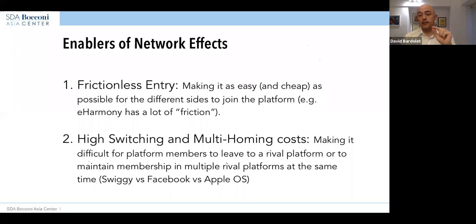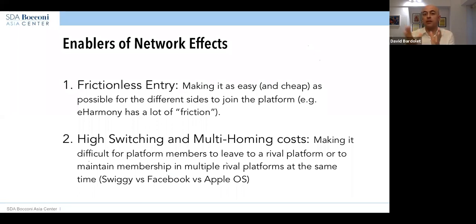There are cases in which this switching is much more difficult. If you have an Apple OS system and you've downloaded all the apps from the store and you got used to using the OS, do you feel like you have more of a friction, more of a cost to going to Android? It's more difficult, right?